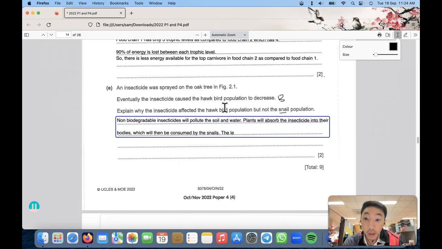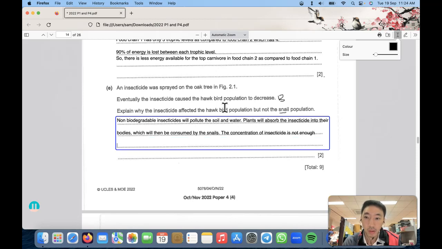The concentration of insecticide is not enough to harm the snails. However, the hawks will consume.